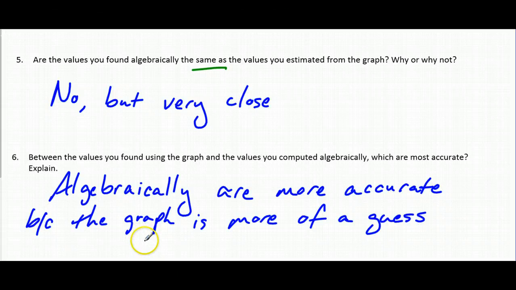We didn't know exactly where 1/3 or 2/3 lies on a graph. We couldn't pinpoint it exactly. So when we calculated it algebraically, those are definitely going to be more accurate than the graphs.